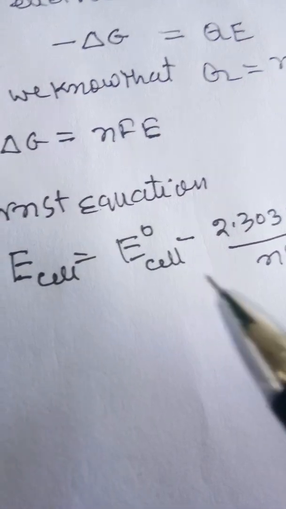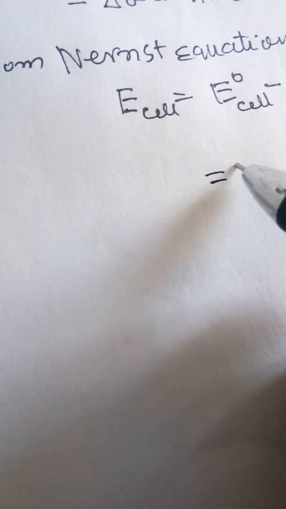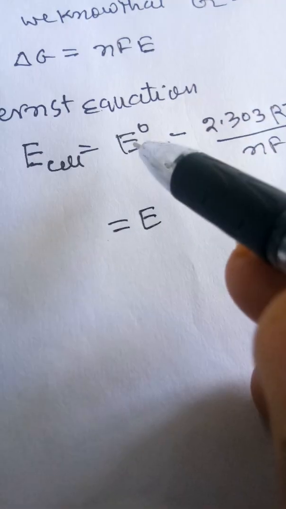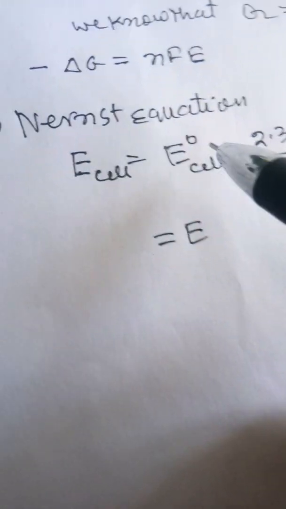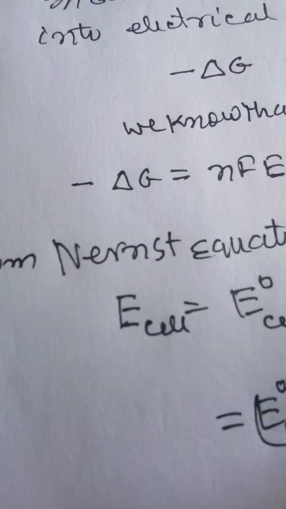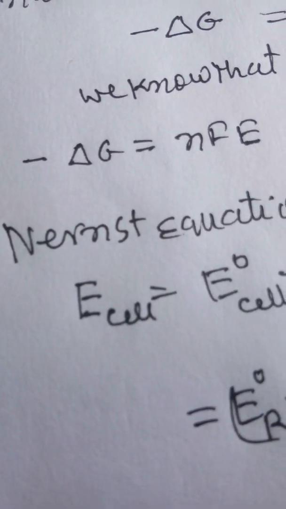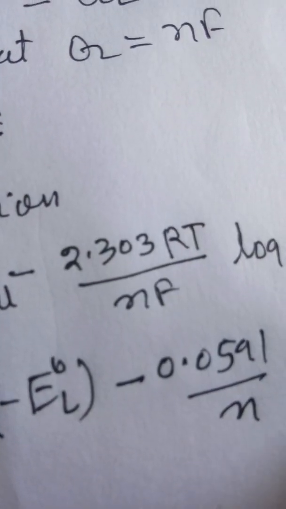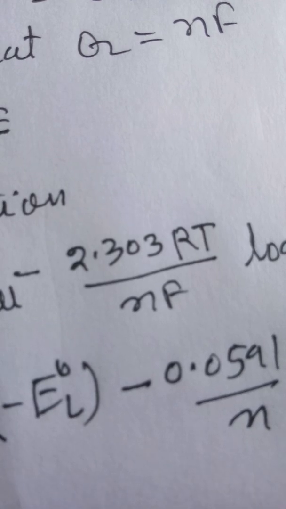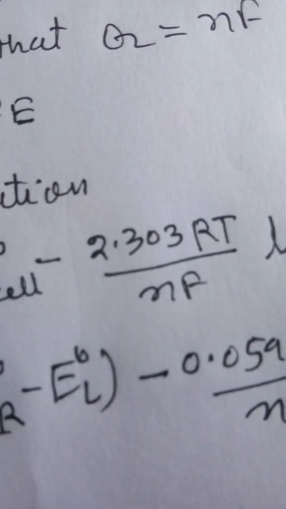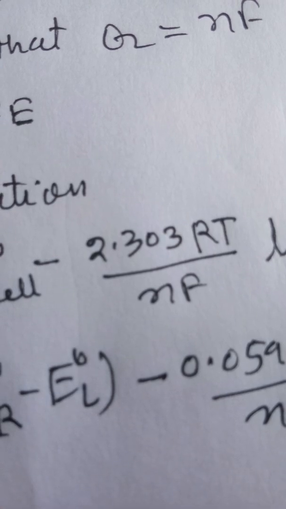Here the EMF of the cell you can write as E standard. This is the standard cell potential of the galvanic cell, so you can say it is E0 right minus E0 left. After solving you can get 0.0591 upon n log concentration of product divided by concentration of reactant.